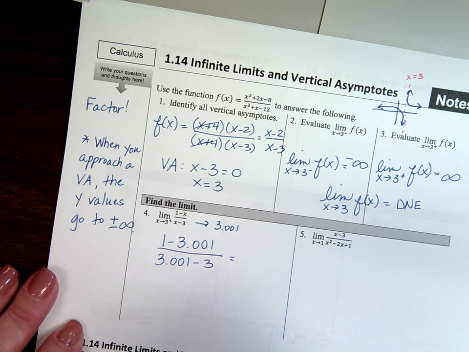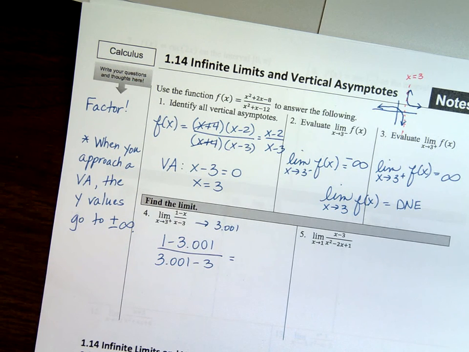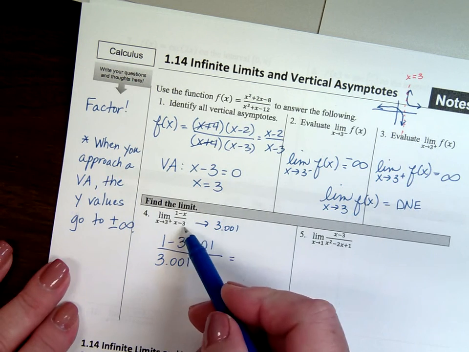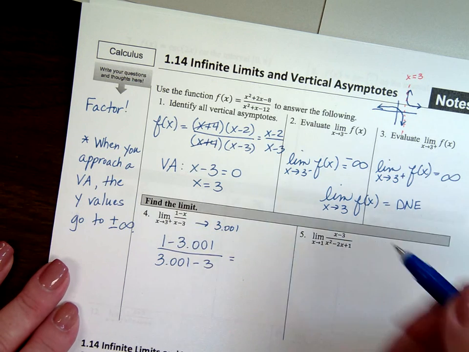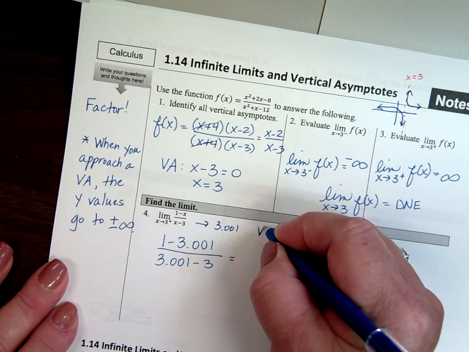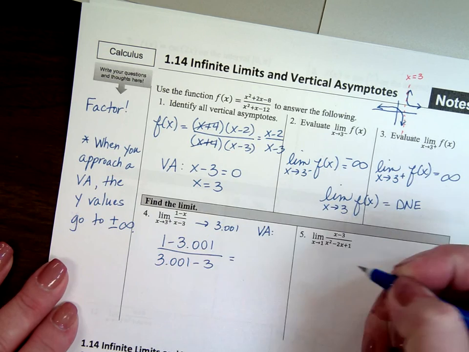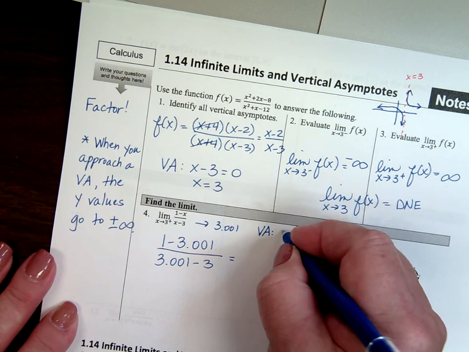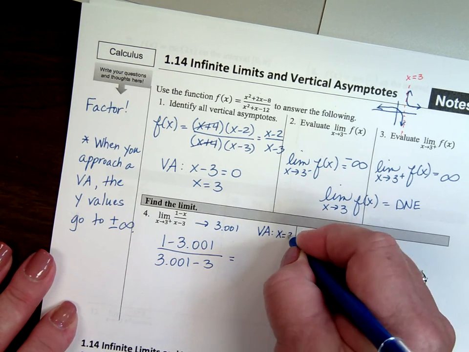I don't care what the number is, necessarily. What do you know is happening at 3 itself? It does not exist. That's where your vertical asymptote is.